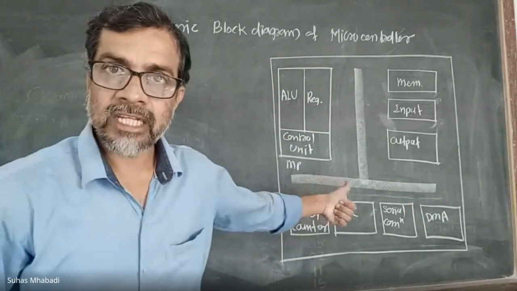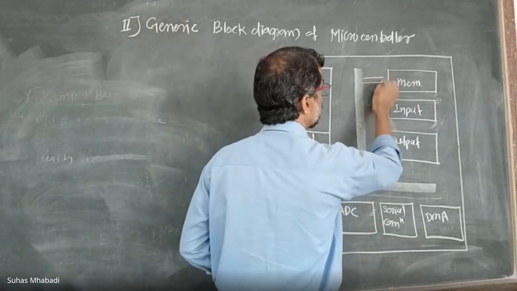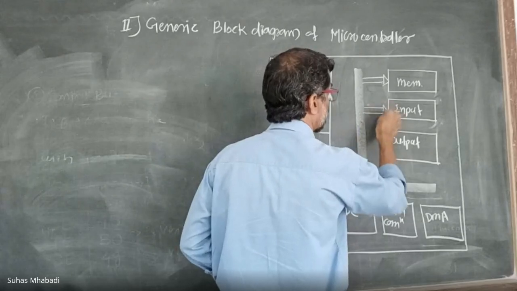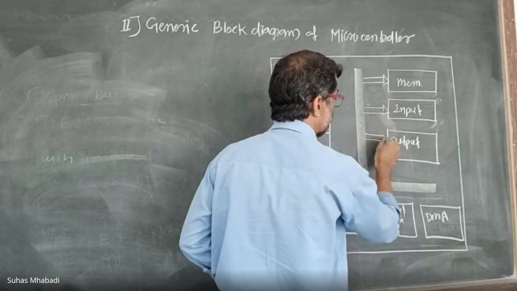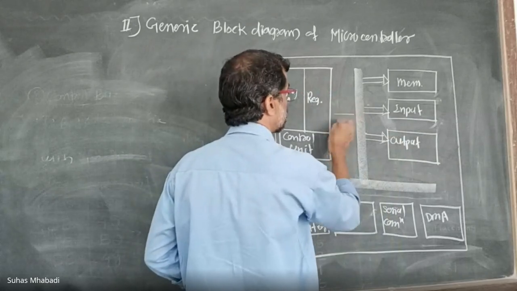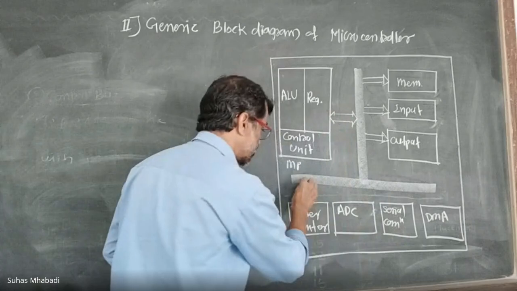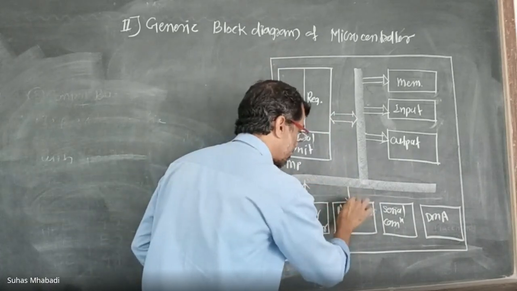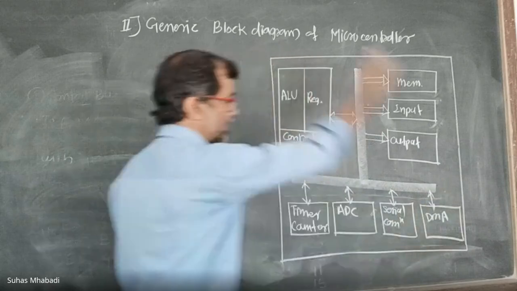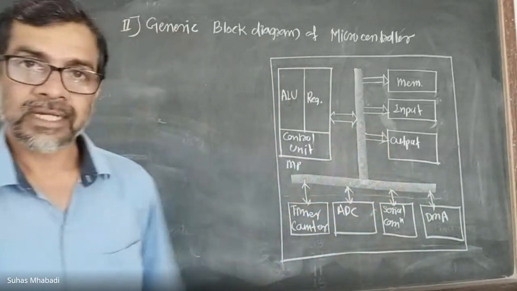It consists of address bus, data bus, control bus. And then the appropriate address bus, data bus, and control buses are connected. Along with this, when we obtain everything in a single IC, that IC is called a microcontroller.